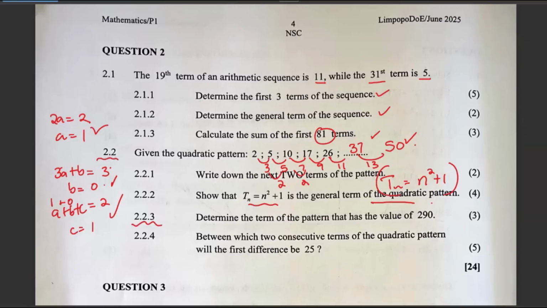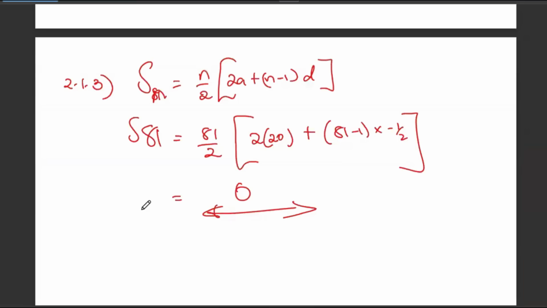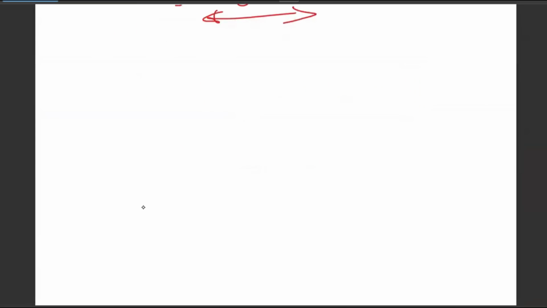2.2.3, determine the term of the pattern that has a value of 290. They want us to get the n, the position. So if our Tn, okay, let me put it aside. If our Tn is n squared plus 1, we need n if our Tn is 290.